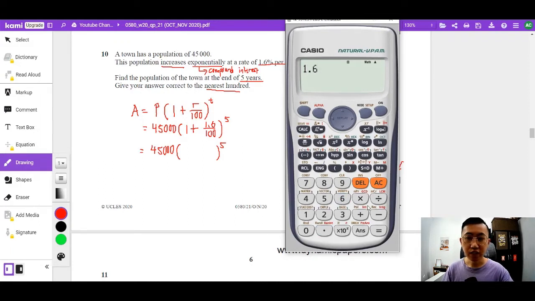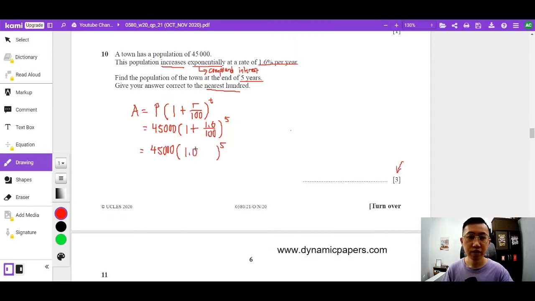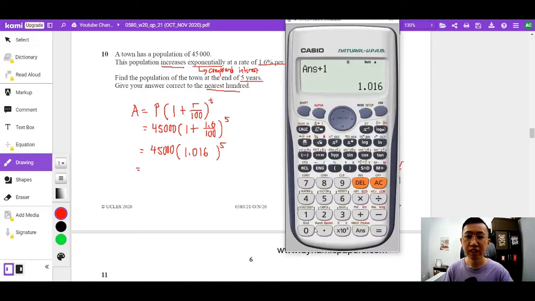1.6 divided by 100 plus 1. So 1.016. Then only we show the final answer. So to the power of 5, press equal, times 45,000 now.